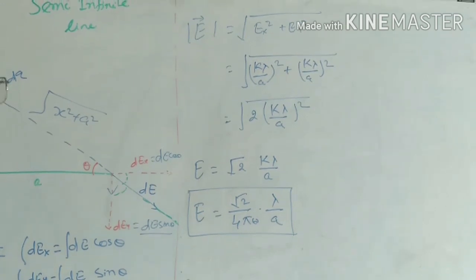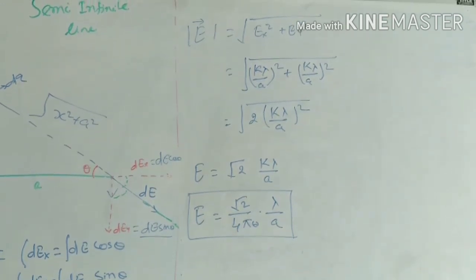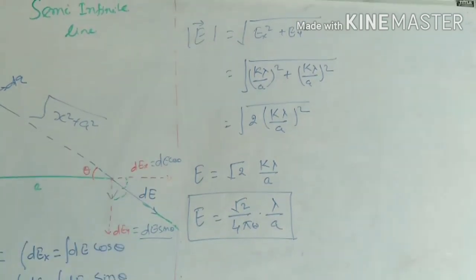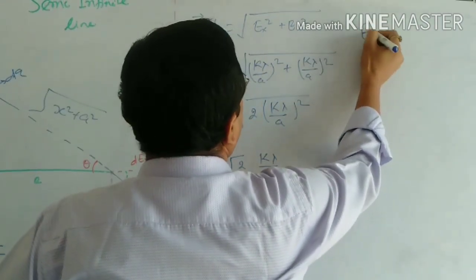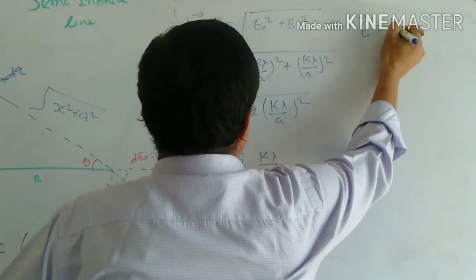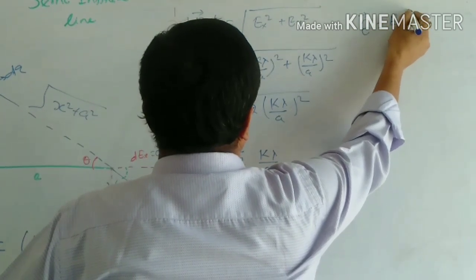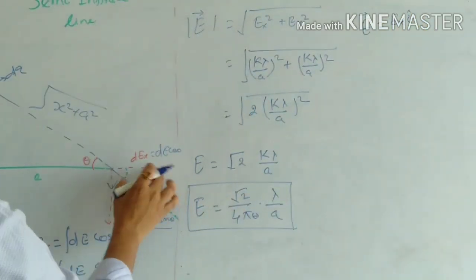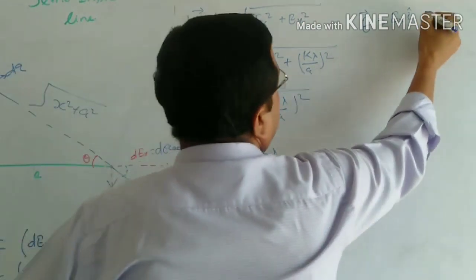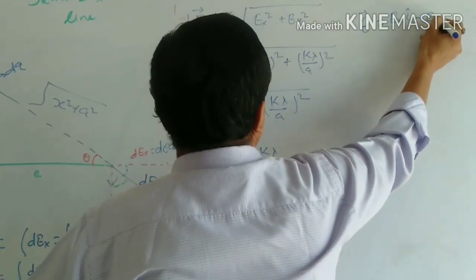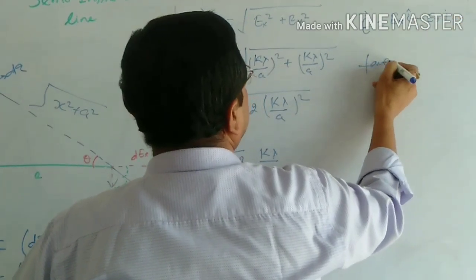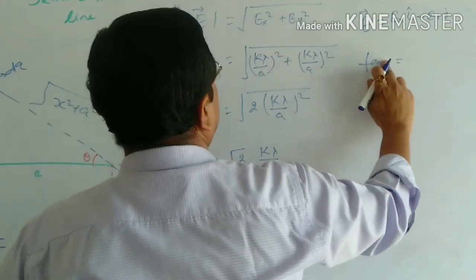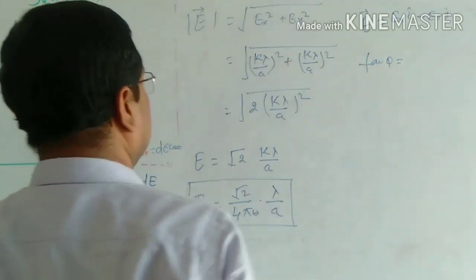Now we are in a position to calculate the direction. So how shall we find the direction? E equals Ex i in this direction, and in the downward direction minus Ey j. So what is the value of tan phi?